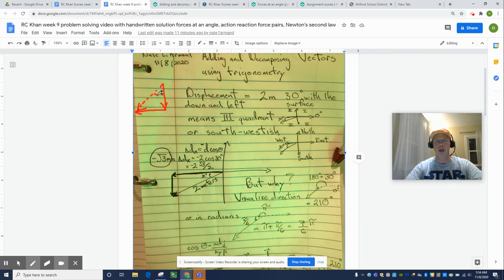The way I drew it, this is 60 degrees west of south. 60 degrees less than 270 is 210. But the way I drew it right here is more common.